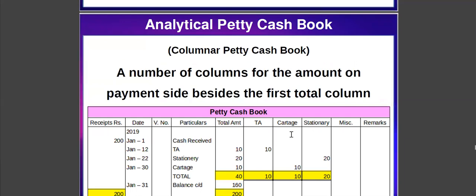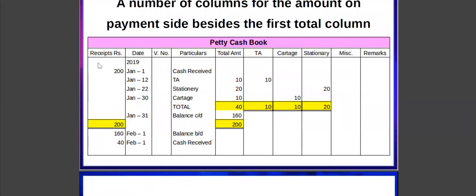Analytical petty cash book: a number of columns for the amount of payments besides the first total column. See this, the receipts column alone is on the debit side, and here we start with the credit balance.